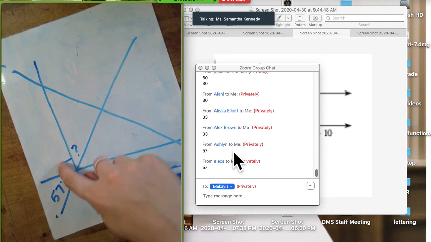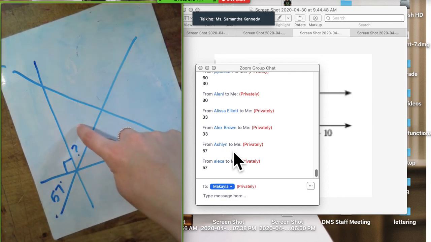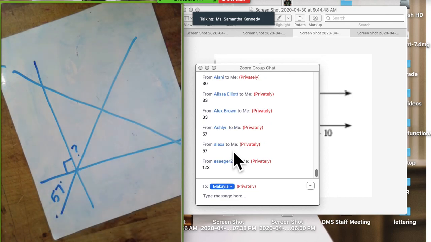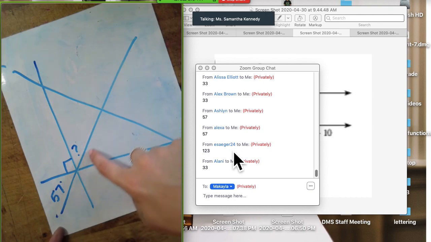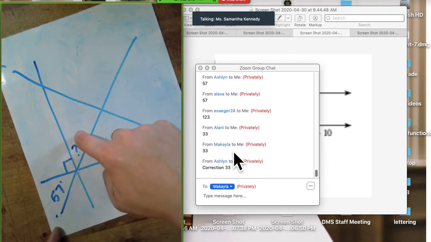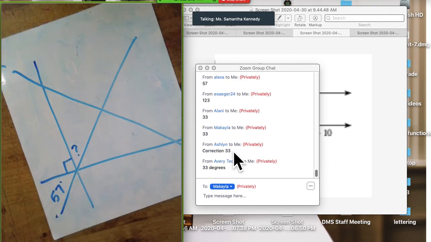Think about what these three angles added together is going to give you. Because you have a straight angle right here. So you have 1, 2, 3 angles is going to equal what?